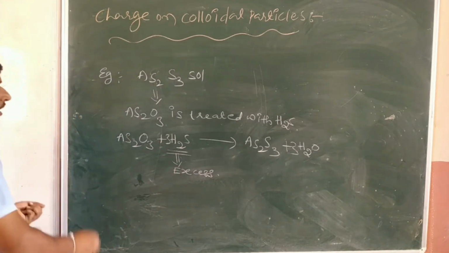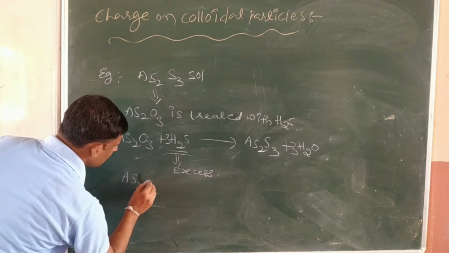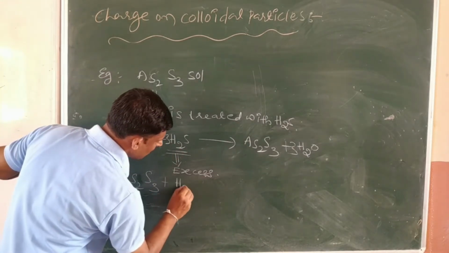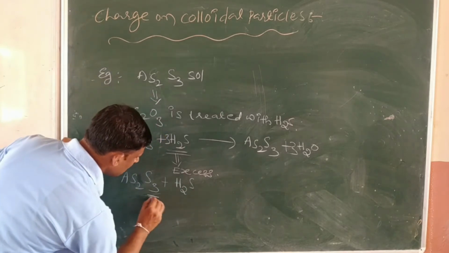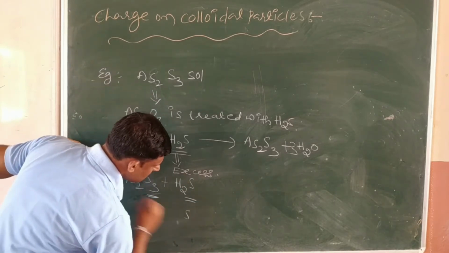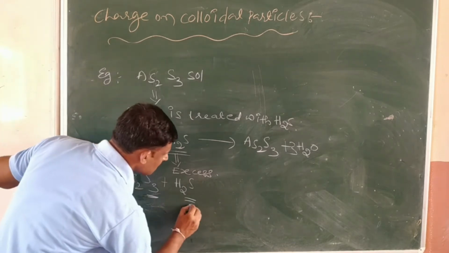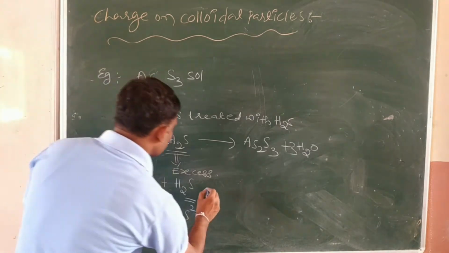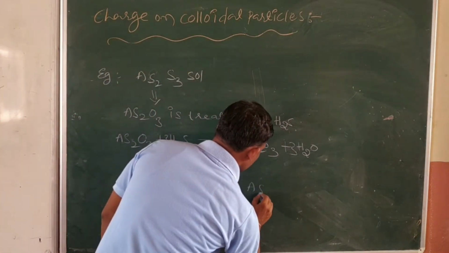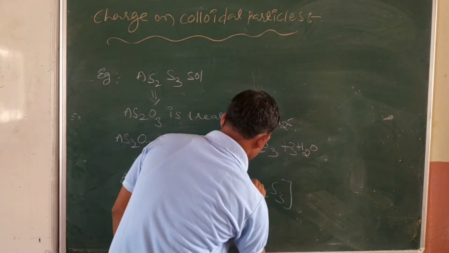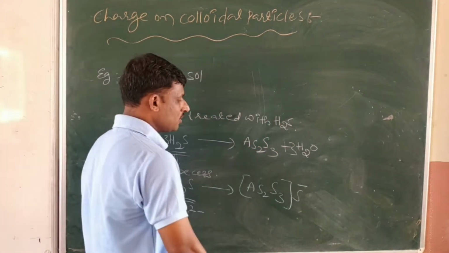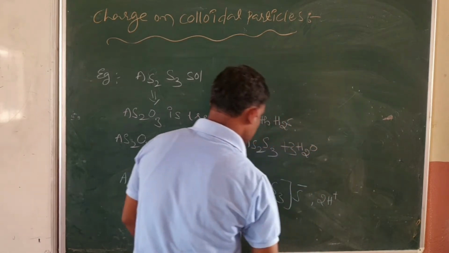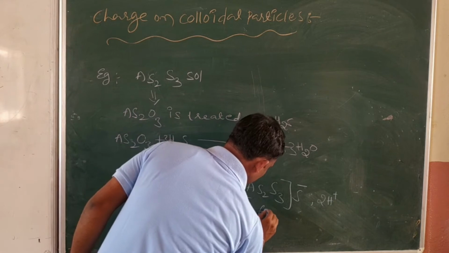Now As2S3 can adsorb the common ion from the H2S. What is the common ion? Here S, here also S, so the common ion is sulfur. Sulfide shows 2 minus, S2−. So now As2S3 with S2−, a negative sol, is formed, as well as 2H+.